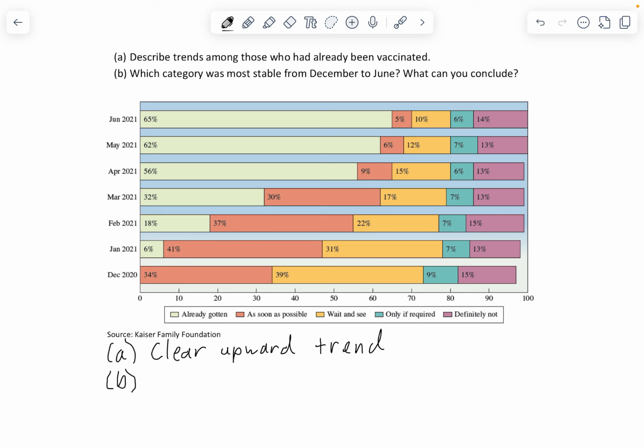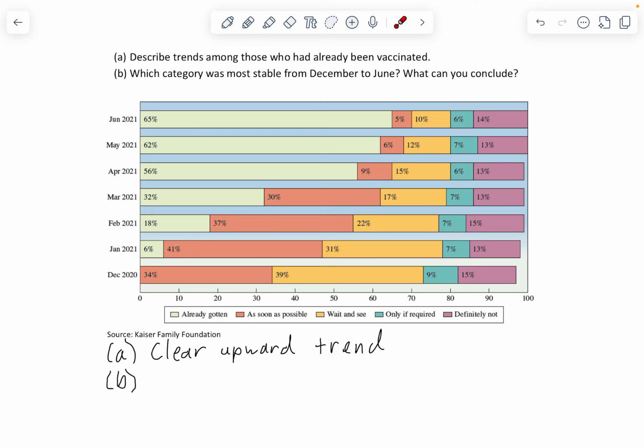Which category was most stable from December to June? What can you conclude? Well, if we look at this carefully, there were actually two categories that were quite stable. Those represented by the turquoise here and the purple. Those correspond to people who would choose to be vaccinated only if required, and those who would definitely not get vaccinated.